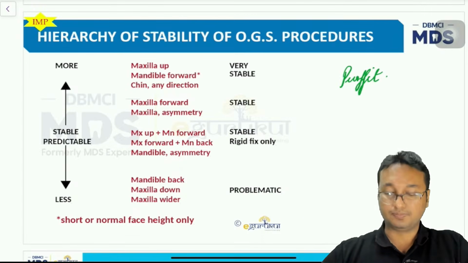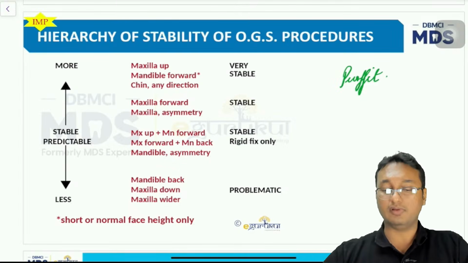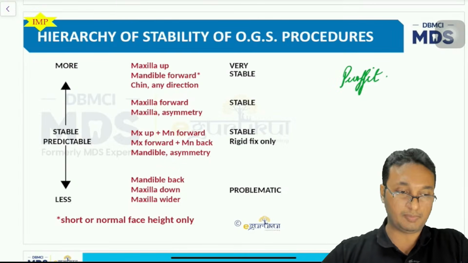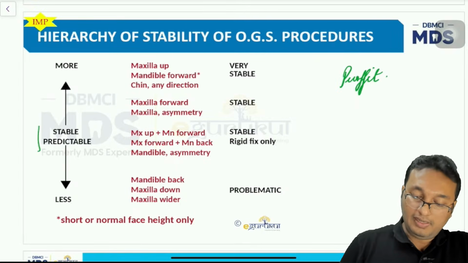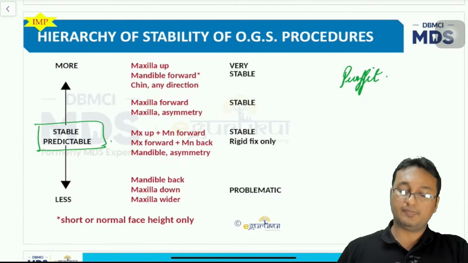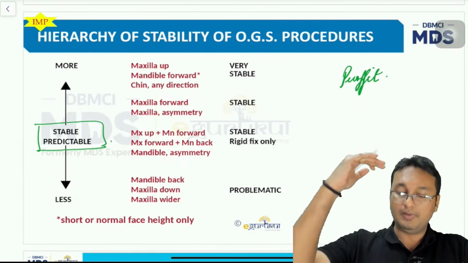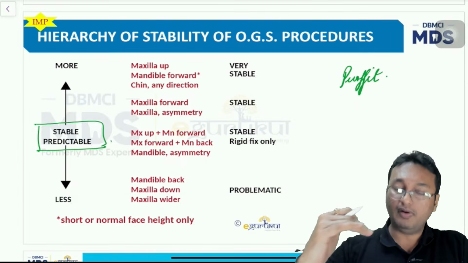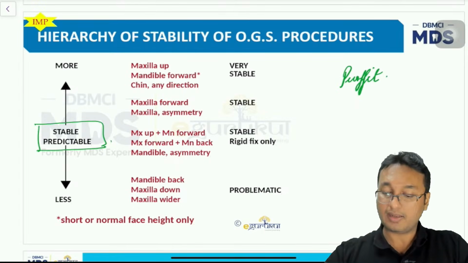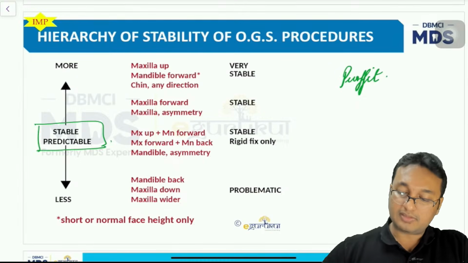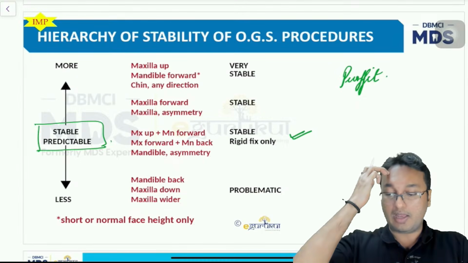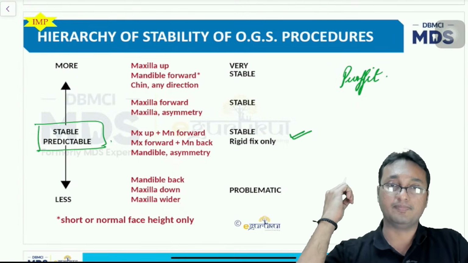According to him, this is the sequence of stability of orthodontic surgical procedures. In the middle we have stable predictable procedures. Whenever you move the maxilla up, or you move the mandible forward, maxilla forward, or mandibular back, and asymmetrical correction of the mandible, these are stable. Only condition is that you have to go for rigid fixation only.